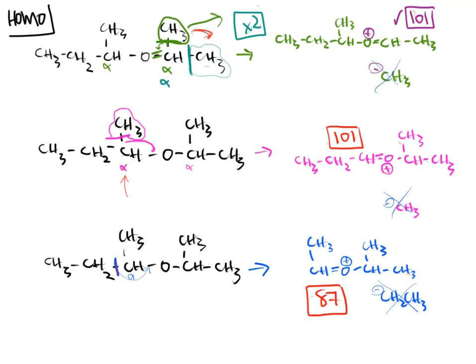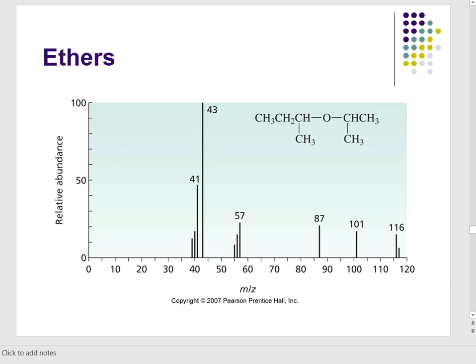Now let's take a look at the real mass spectra. I keep saying spectra, but it's really spectrum because this is singular for this one particular molecule. And here we go. All right. So these are the numbers that we were pulling from the periodic chart or from the fragmentations that we were doing, at least the majority of them.